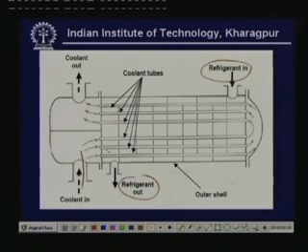Coolant is nothing but the water, and it flows through these tubes. Since it is a 2-pass, the same water again flows through the condenser tubes. It comes here and again goes back through the condenser tubes. That is why you call it a 2-pass condenser. That means the water makes 2 passes as it flows through the condenser. And in the problem it is mentioned that there are 52 tubes, arranged in 13 columns.